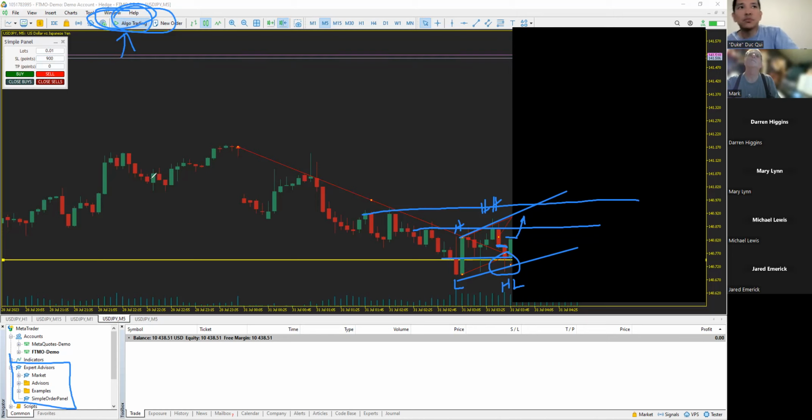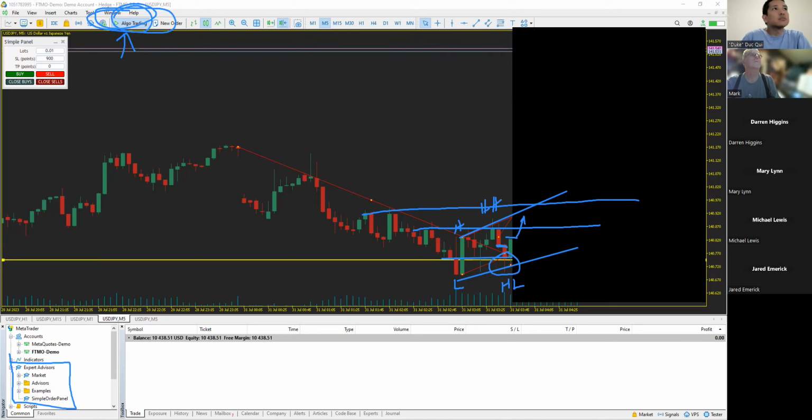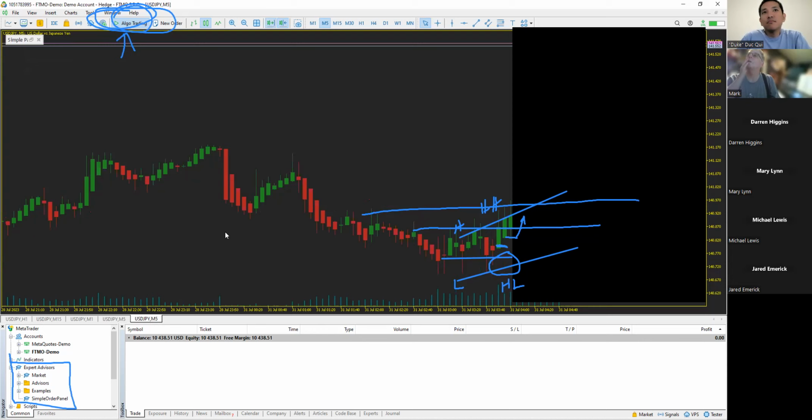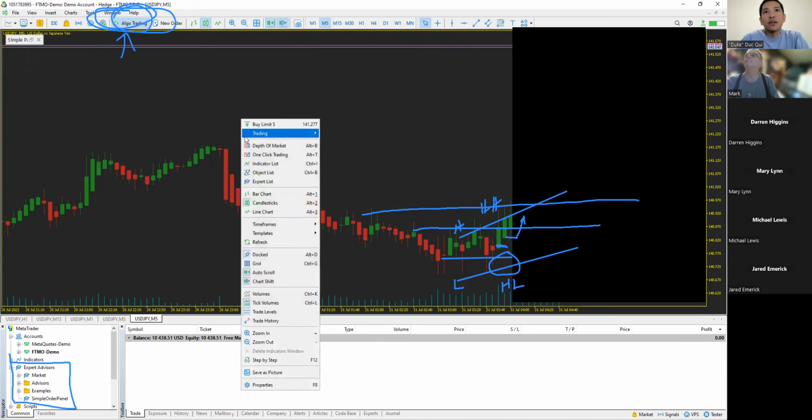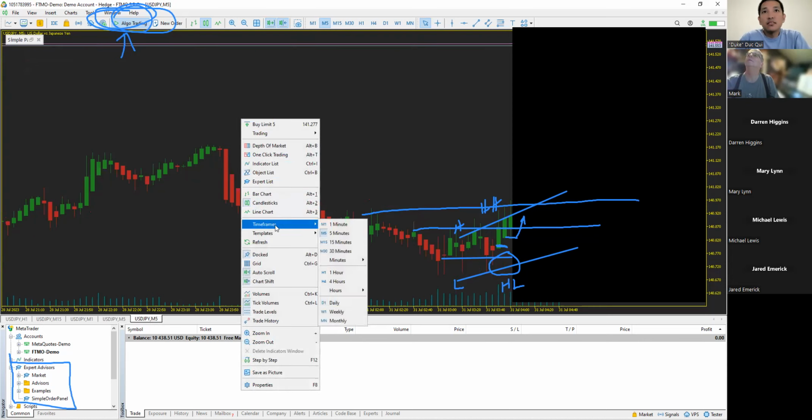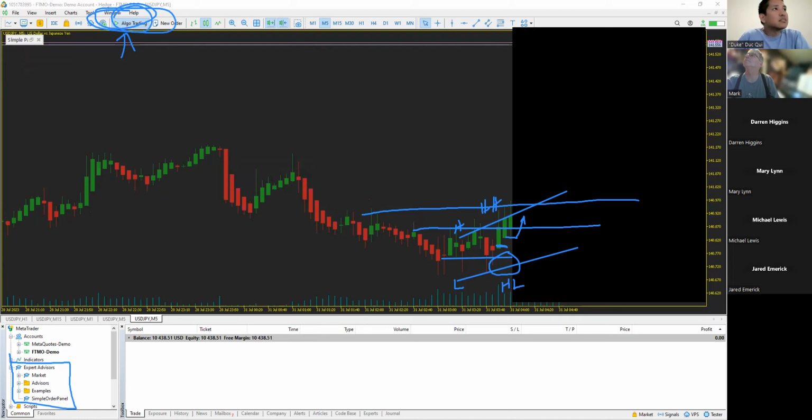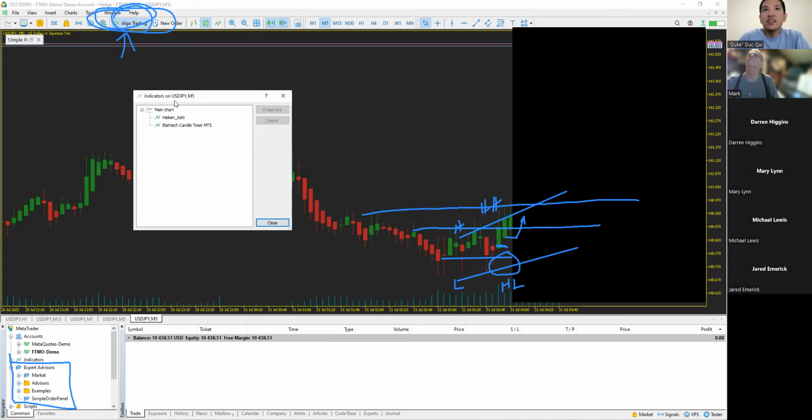Michael, Heiken Ashi is actually built in. So I'm trying to find where it is. Oh, here it is. So basically I do a new chart, and then I right click indicators. Or sorry, that's because I already have it.